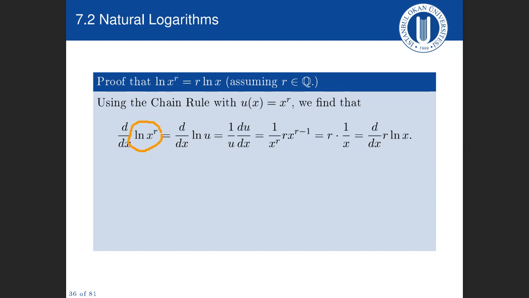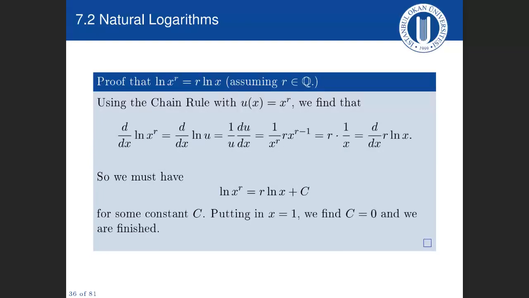So one function must be equal to the other function plus a constant. What is the constant? Again, if we put in x equal to 1, we get 0 is equal to 0 plus c, so the constant c must be 0, and then we're finished. That proves that ln x to the power r is equal to r ln x.